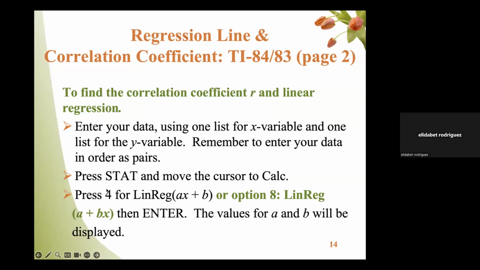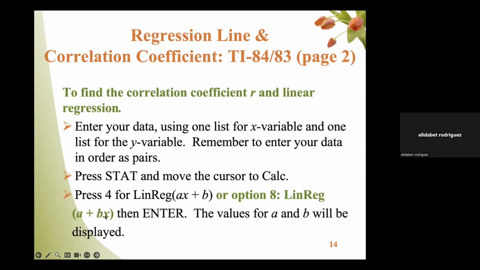One, option number 4, which is linear regression, AX plus B. LinReg, linear regression, AX plus B. That's option number 4. There is another option, option number 8, which is linear regression A plus BX.